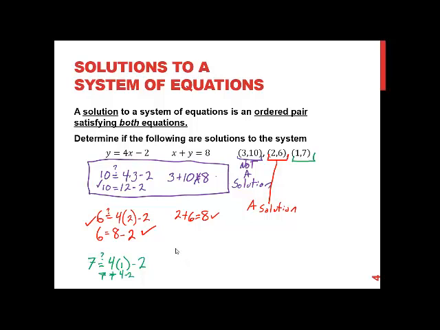It does satisfy the second one, but we don't even have to worry about it. So because 1, 7 is not a solution to the first one, this is not a solution to the set. And that's one way of evaluating to see if ordered pairs are solutions to a system.